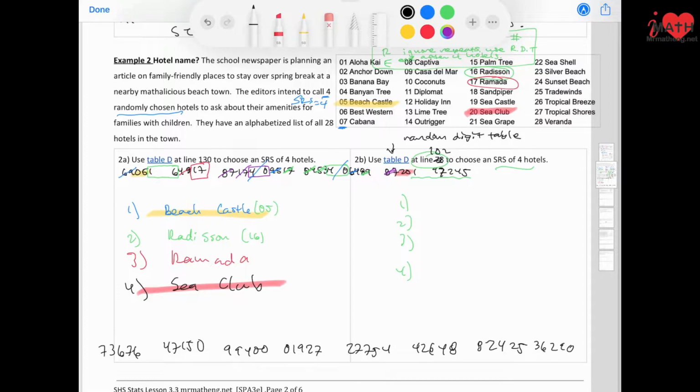So go ahead and use line 102. And I also wrote those numbers, and also you can just restart. So let's just pretend you're a different editor for the newspaper, and I send you out, and I want 4 hotels that you're going to go and interview. Do that brand new, you can reuse the numbers again. Does that make sense? And then press play when you're ready.